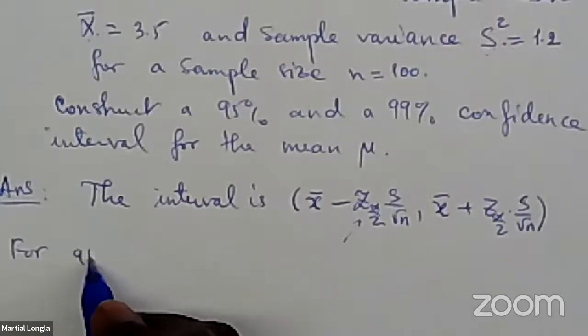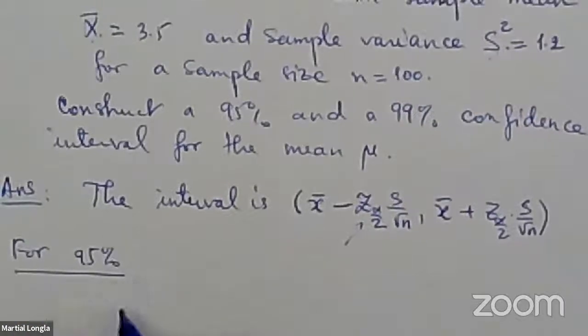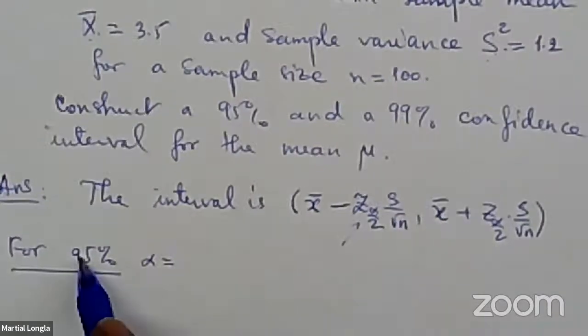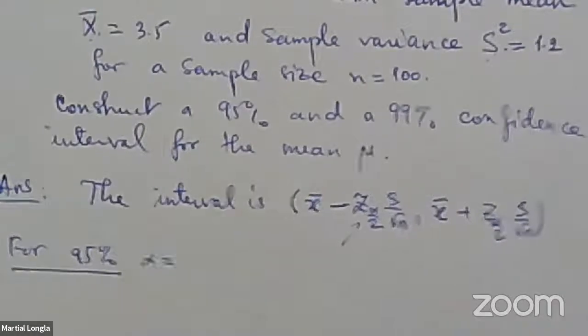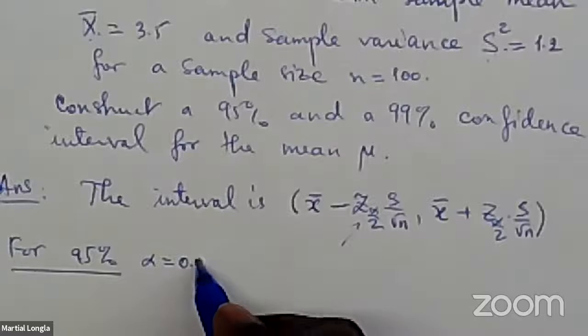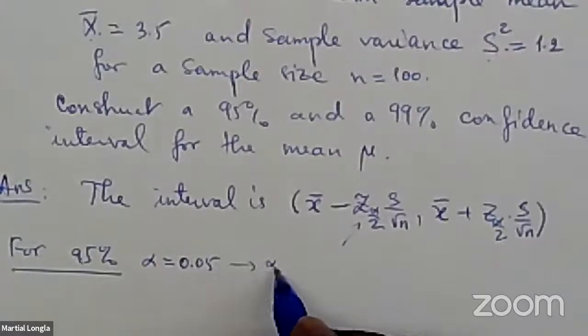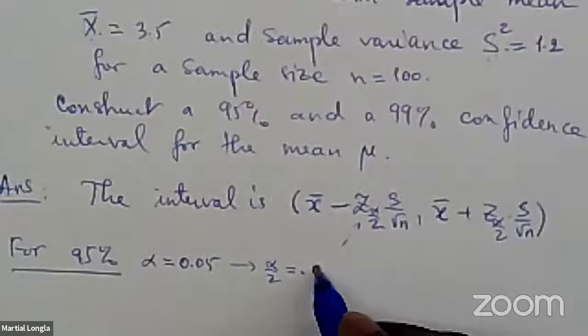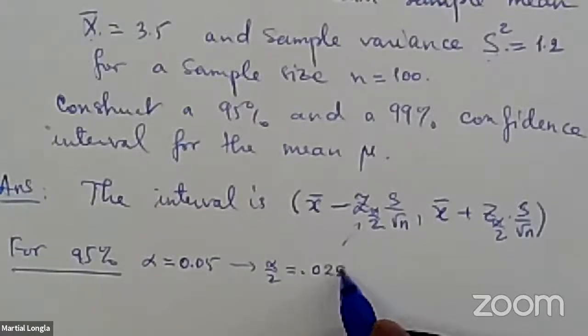So for 95%, what is alpha? 0.05, because this is 100 times 1 minus alpha. So alpha is 0.05. Therefore, alpha over 2 is 0.025.